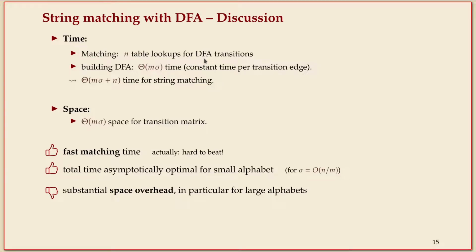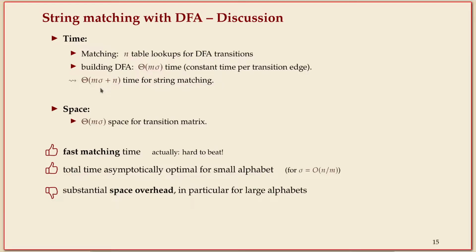That's one table lookup. The time for building the DFA is a little less clear, but you can essentially do it in the time needed to produce the table. That's, again, if you follow from the video, copying the column is proportional to the number of copied elements, and updating the state X and producing the new matching edge is also constant time each.